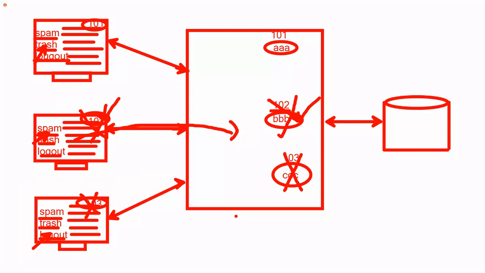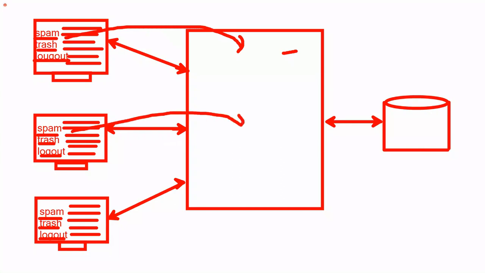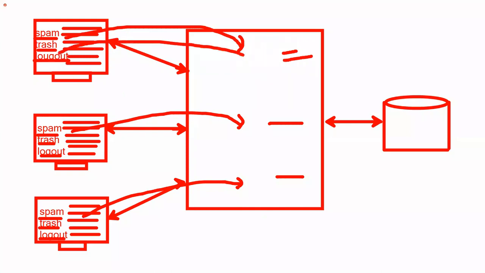Okay. Not only this mail application, this person will select an item, it will be added to the cart. This person will select an item, it will be added to the cart. Again, this person will select, it will be added to the cart.